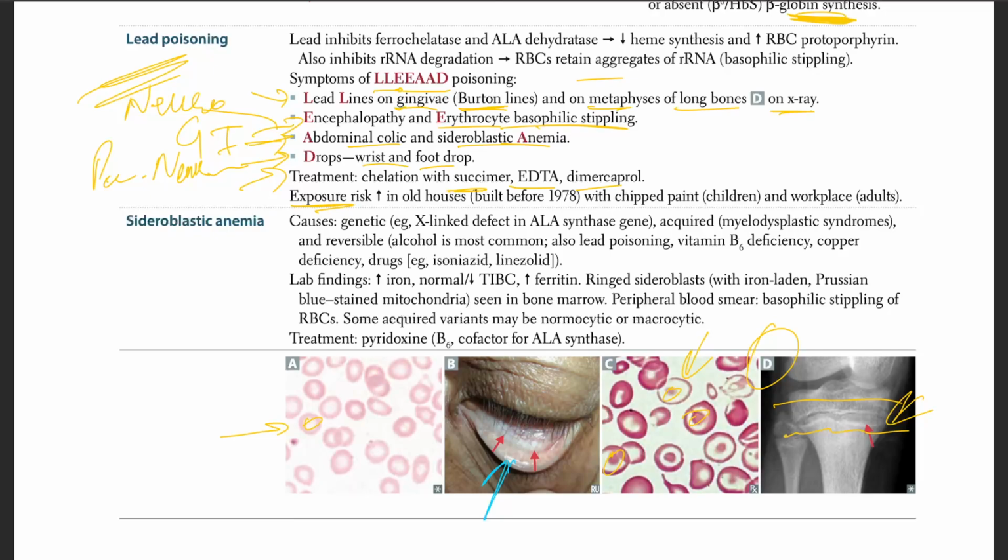Exposure is increased in old houses. Where do you get the lead from?